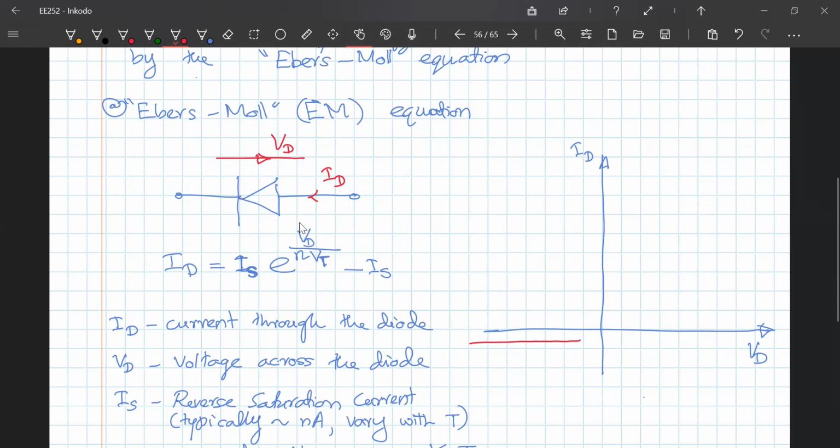And for positive VD, in other words, this side, what will happen? IS is a constant. As VD becomes bigger and bigger, this will have an exponential increase, and the effect of IS will disappear. This term will be much bigger than this, so you can neglect the second term.